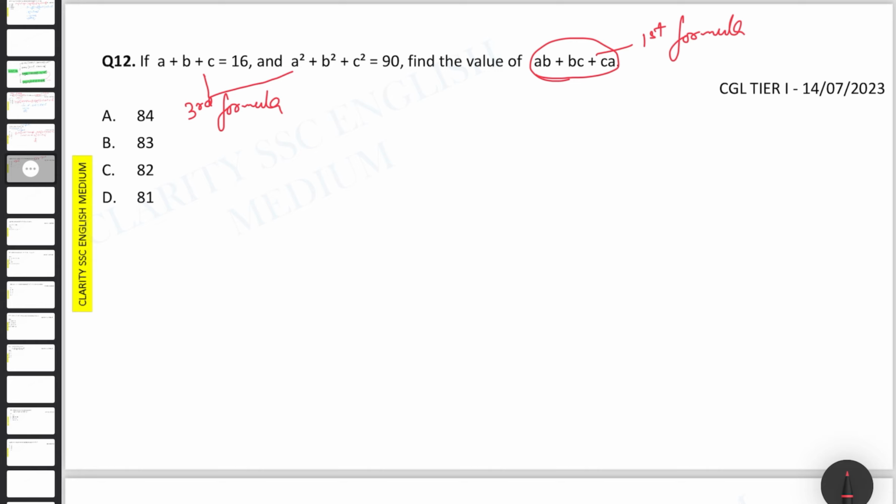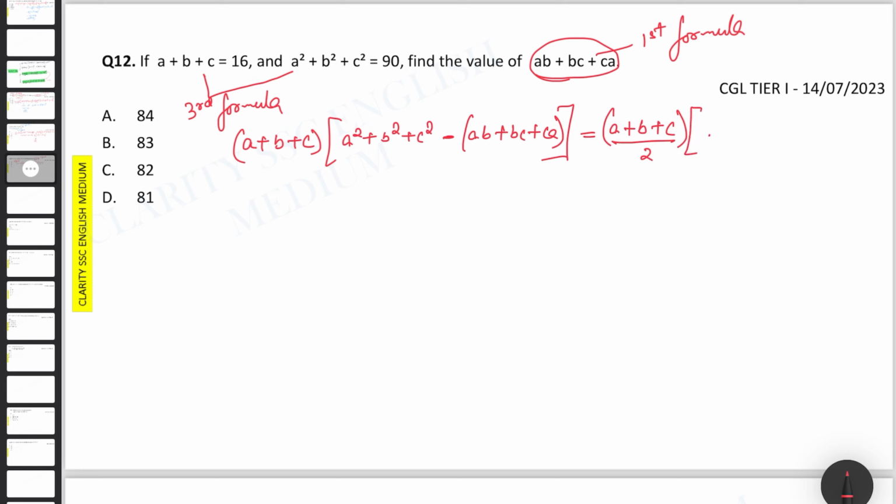The first formula is a plus b plus c into a square plus b square plus c square minus ab plus bc plus ca is equal to, what does the third formula say? The third formula is a plus b plus c by 2 into thrice a square plus b square plus c square minus a plus b plus c whole square. These are the two formulas that we are equating.